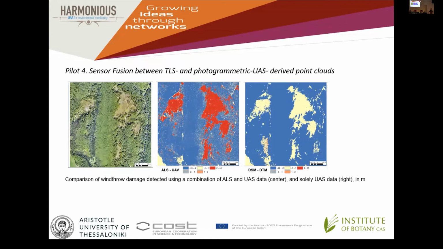This is an example of a pilot describing the dynamics, the change in time.